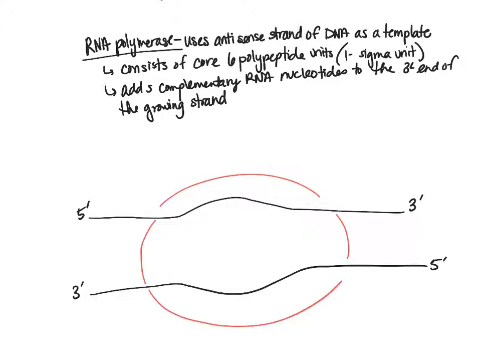And this, again, is going to consist of those 6 polypeptide units, including one sigma unit. So it's going to attach to the DNA, and then it's going to move down the DNA. It's going to use the antisense strand, so the antisense strand here, to make the RNA.